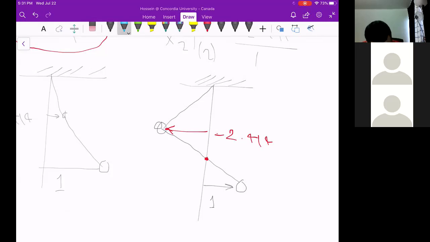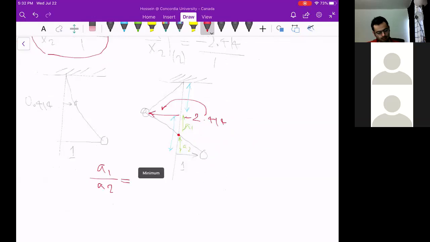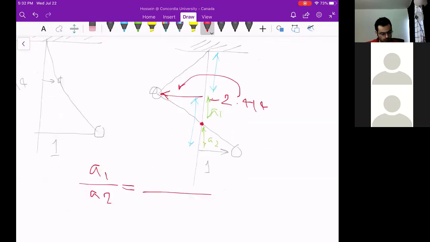So here, basically, this is L and this is L. You could call this length A1, and this length A2. So minus 2.414 is the length of this side. A1 over A2 would be proportionate to the absolute value, 2.414 over 1.